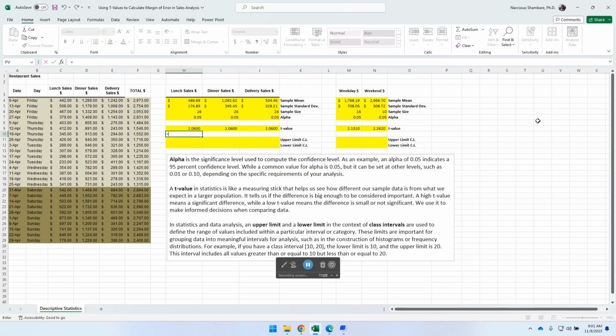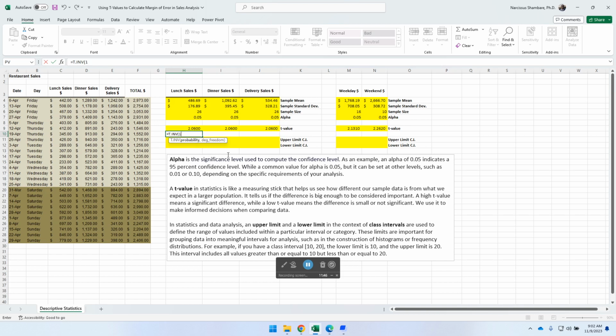There is a function in Excel which is called t.inv, right? That function returns the left-tailed inverse of the student's t-distribution. You can see here, it's actually highlighting that. So I can double click on it to activate the function, and then it says, what is the probability?